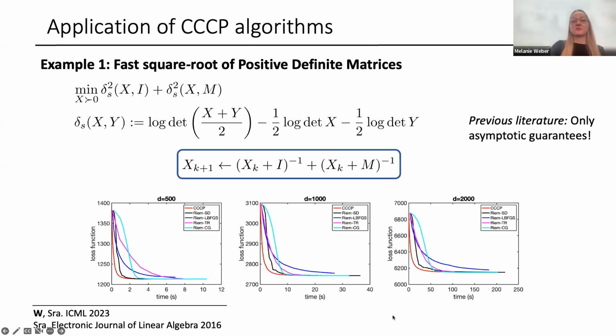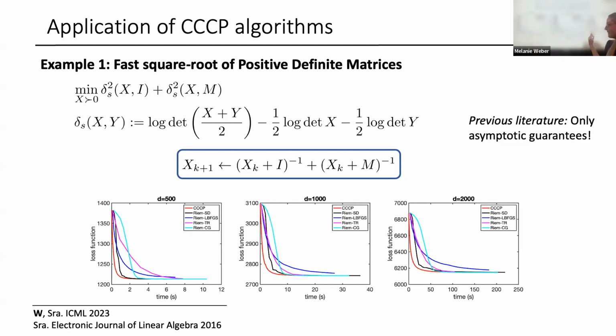We can write this problem with respect to the S divergence that you see here on the slide. A simple fixed point iteration for that problem was derived many years before our work, by my co-author Suvrit Sra. In his paper, he only gives asymptotic convergence guarantees, so there was no non-asymptotic global convergence analysis known for this problem.